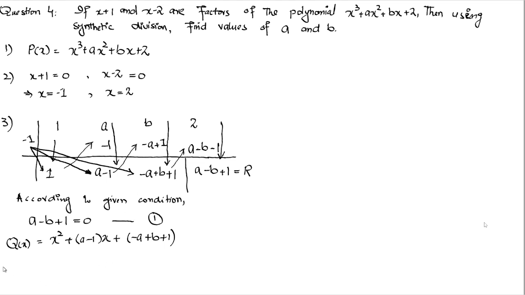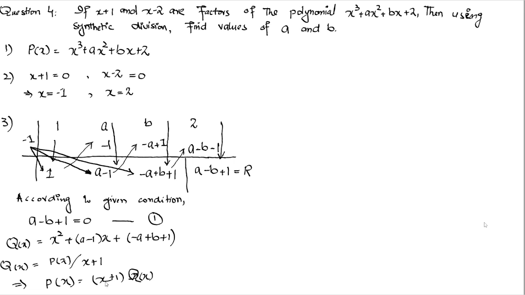Now we know that quotient is obtained when the polynomial p of x is divided by the factor x plus 1. So from here we can write that the polynomial p of x is equal to x plus 1 into q of x. Now it is also given that x minus 2 is a factor of this given polynomial p of x.